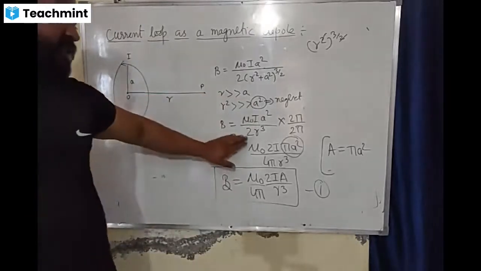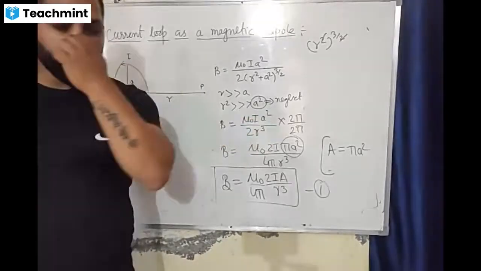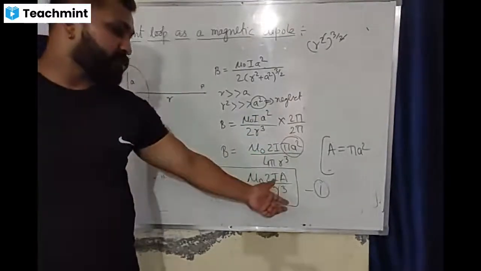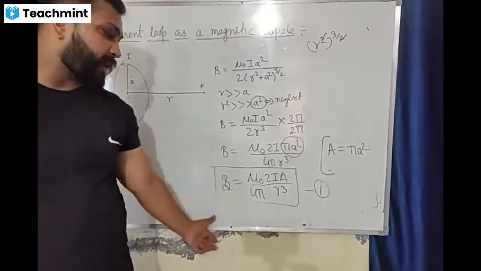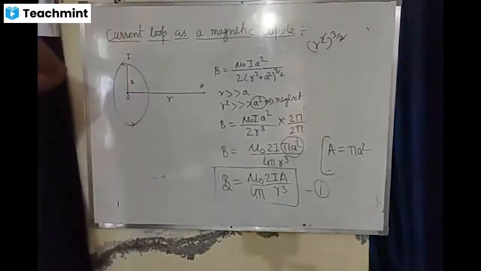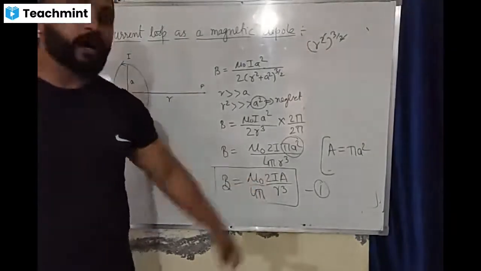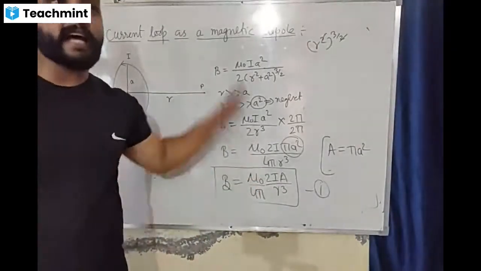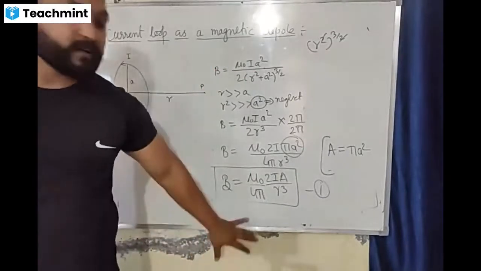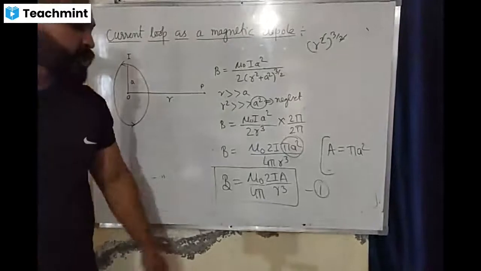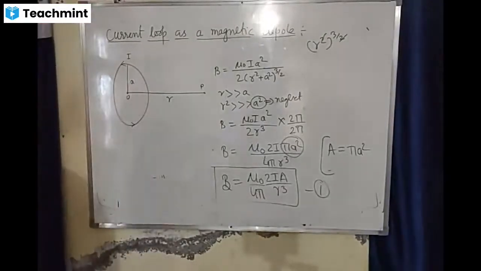We multiply the equation by 2 pi and also divide by 2 pi, and instead of pi A square we put the area of the circular loop. Finally, we get B equals mu naught upon 4 pi 2IA upon r cube. So this is the magnetic field at the axial point due to a circular current carrying loop.